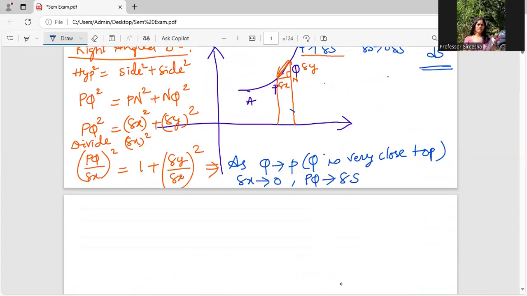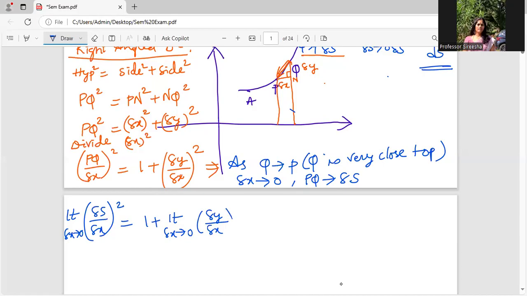Right. Now what happens? I will rewrite it like this: delta S by delta x whole square. As Q tends to P, I can say limit delta x tending to 0. The 1 can be exempted because it doesn't have any delta x term. The second term has a delta x term, so limit delta x tending to 0 of delta y by delta x whole square. Now, this is nothing but the classical definition of a derivative, right?